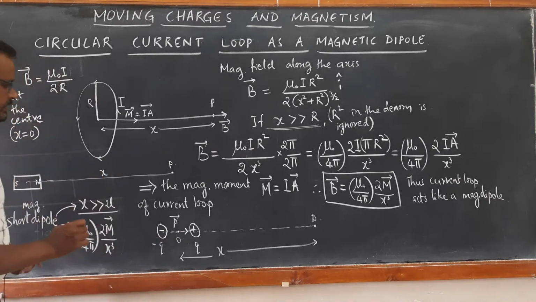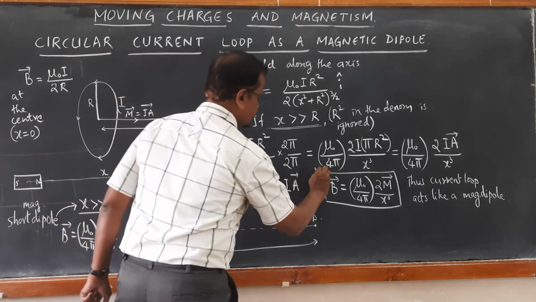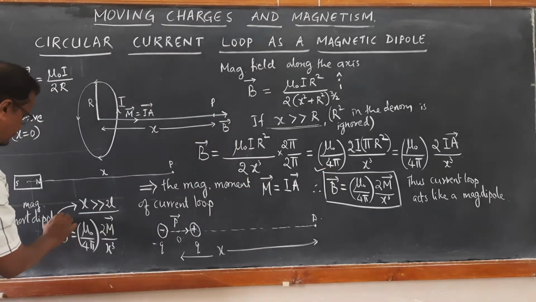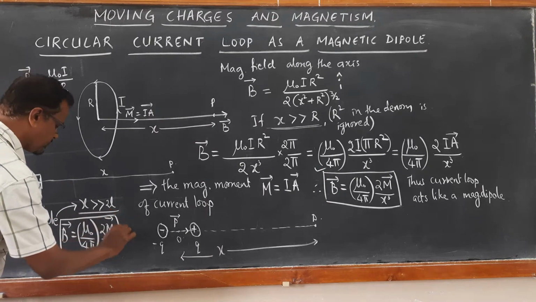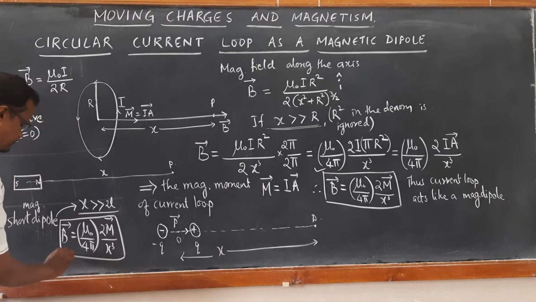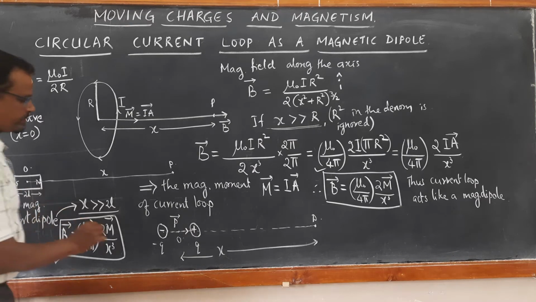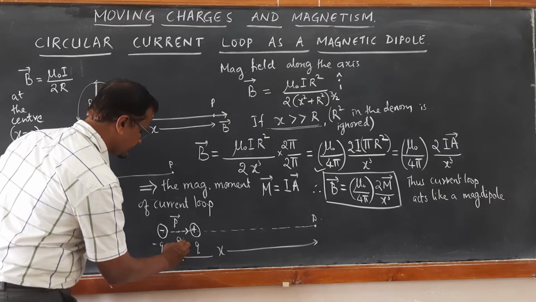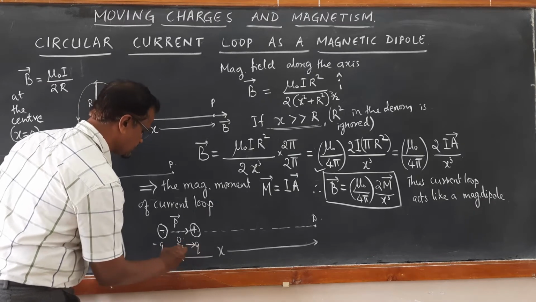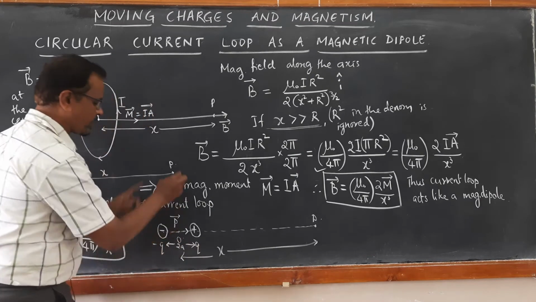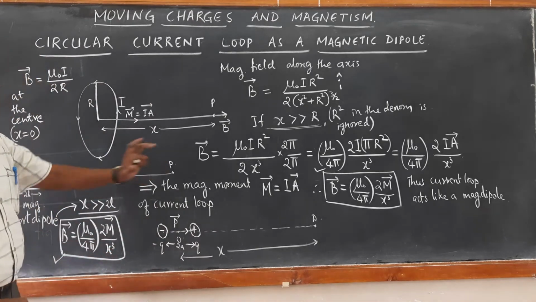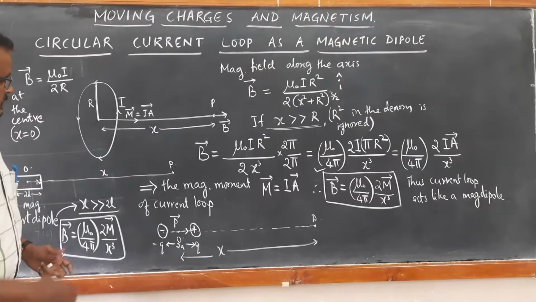So we are comparing this equation with that of the magnetic field of a short dipole, whose distance x is measured from the center and whose length is 2L, and you know the short electric dipole is of length 2A. Recall this. If you have a comparative study, then things become very easy.